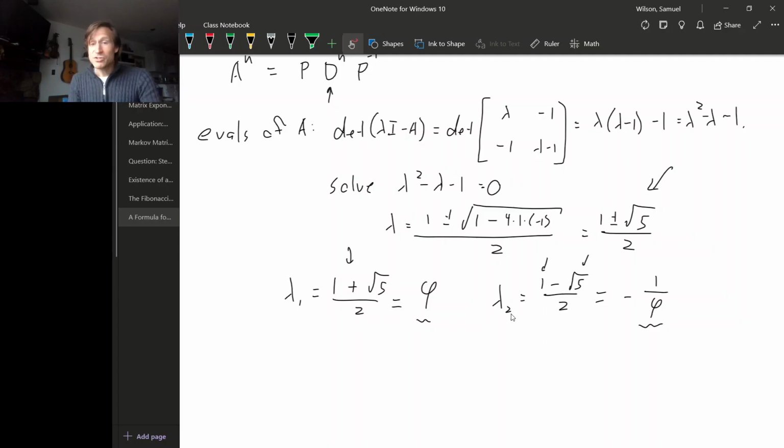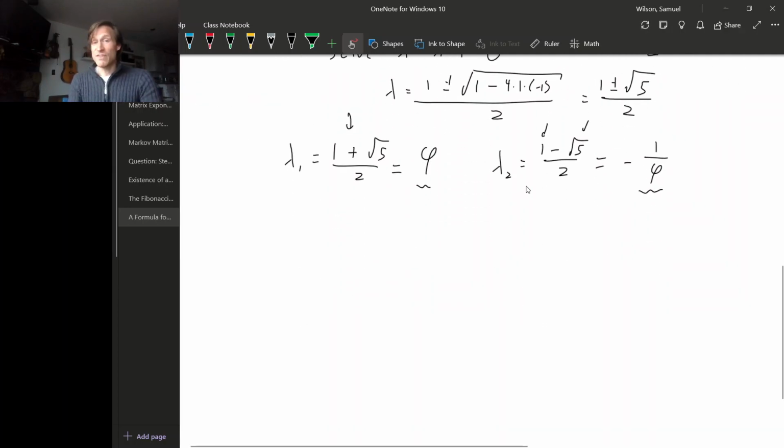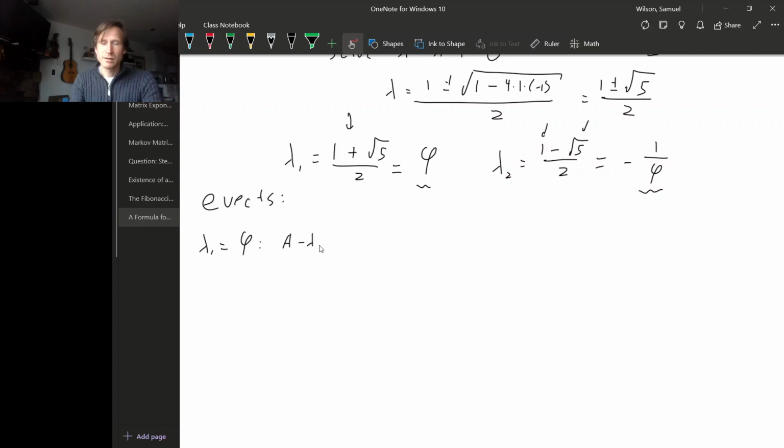All right, so we have our two eigenvalues. Now we need eigenvectors. So let's find an eigenvector for our first eigenvalue, which is phi. So we need to find the null space of A minus lambda I, or A minus phi I, right?